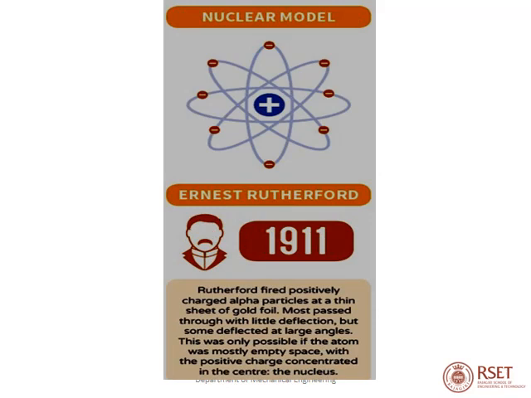Third model, you can see a nuclear model done by Ernest Rutherford in 1911. He fired some positively charged alpha particles at a thin sheet of gold foil. Most passed through with little deflection, but some deflected at larger angles. This was only possible if the atom was mostly empty space, with the positive charge concentrated in the center, the nucleus.